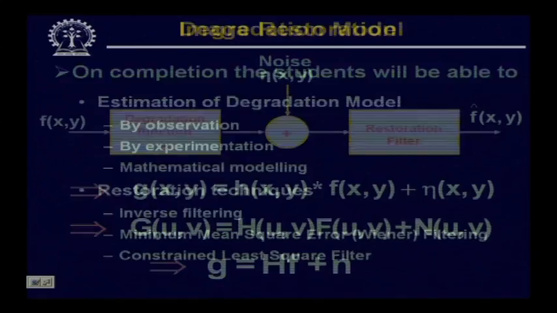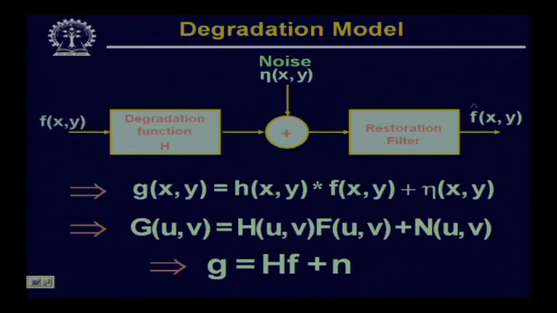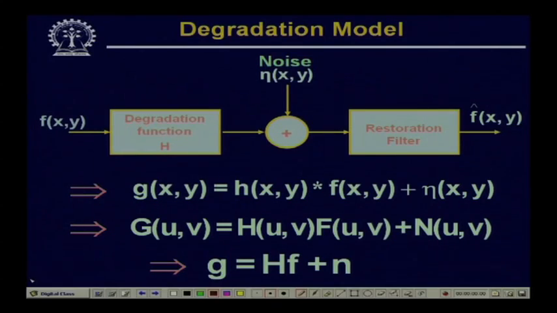Now, in our last class, we have seen a diagram like this. In this diagram, you see that we have shown the degradation function. Here we have an input image f(x, y), which is degraded by a degradation function h, as has been shown in this diagram.